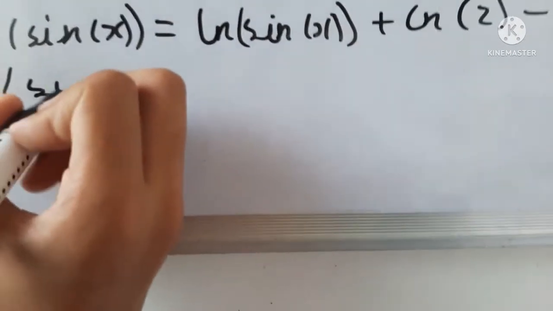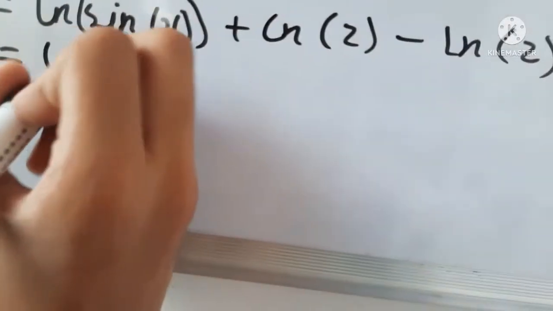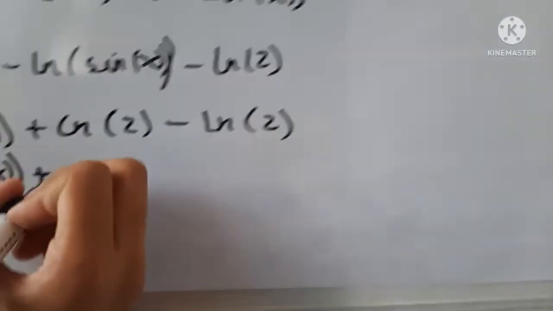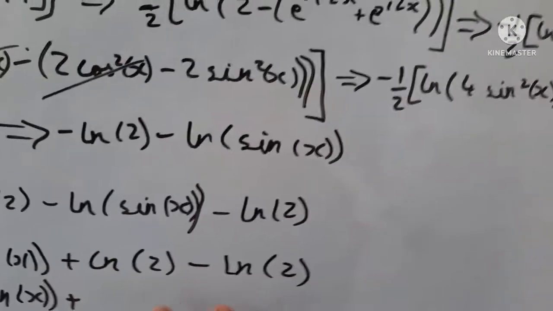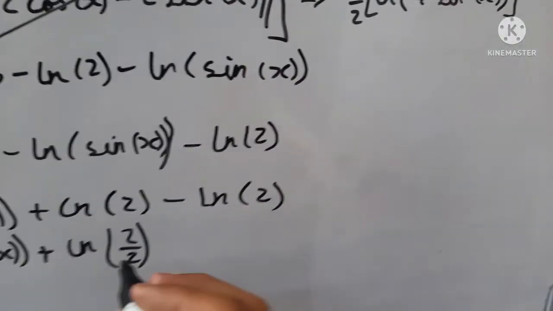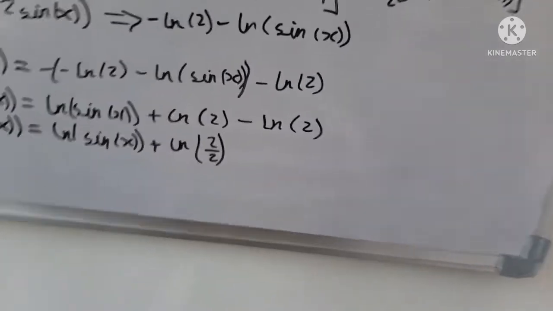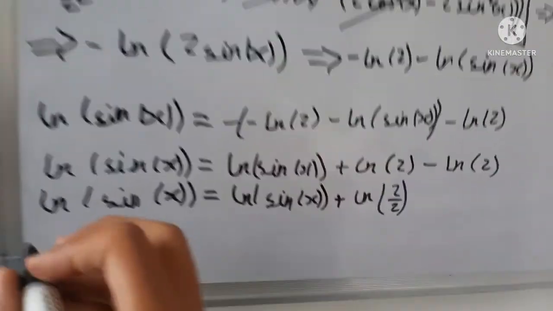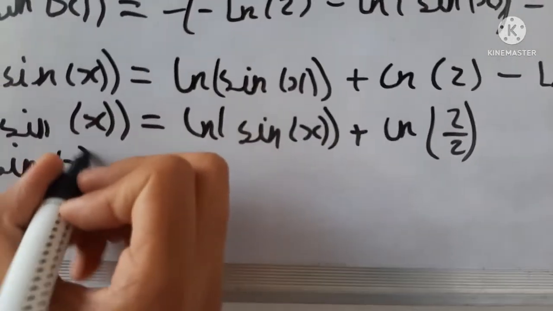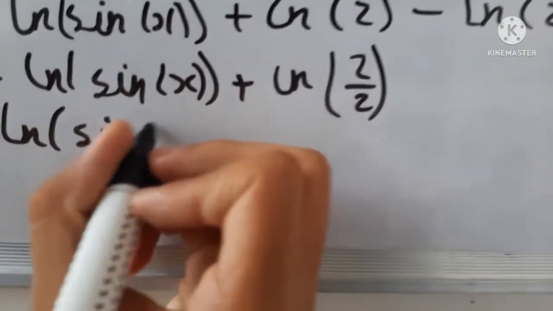Ln sine of x is equal to ln sine of x plus, okay, so we can combine these, right? So ln of 2 upon 2. Well, 2 upon 2, that's 1, and of course that's going to be 0, but I shouldn't fill out this entire board because, yeah, I just want to. There doesn't have to be a reason.